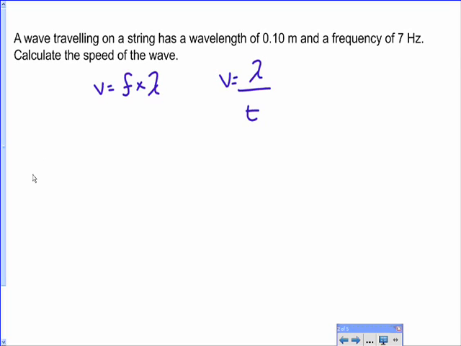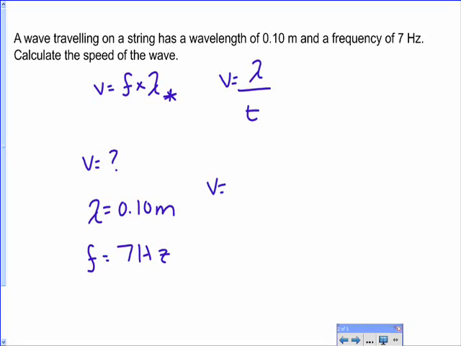All right, let's go ahead and solve this. It tells us calculate the speed of the wave, so that's the question mark. Then it says a wave traveling on a string has a wavelength of 0.10 meters and a frequency of 7 hertz. Okay, so that tells us we have to use this formula, right? Because we have frequency and wavelength, I'm sorry.